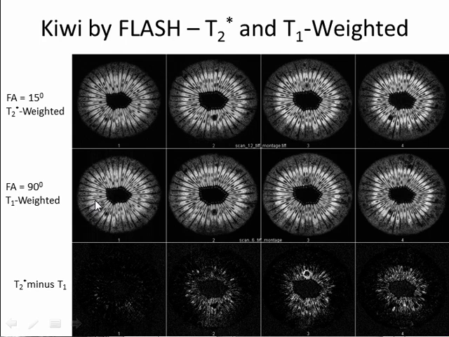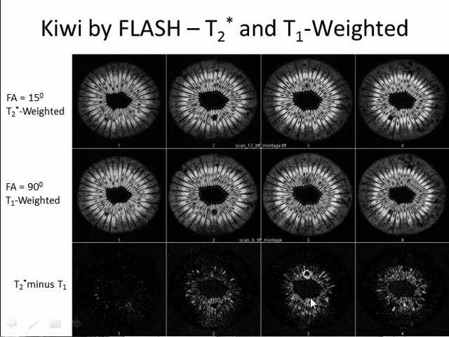To get an appreciation of the difference in contrast between these two, I just subtracted this row of images from the first row to give these difference images. These images were not acquired by the machine. They're just processed subtraction images to show you the difference in contrast between the T2 star weighted images and the T1 weighted images.